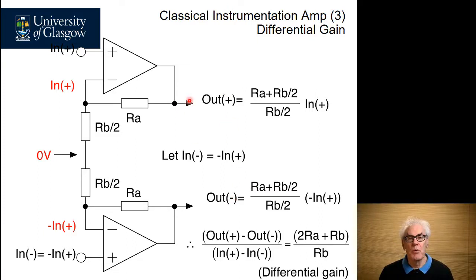If we calculate out what the difference voltage is appearing between output plus and output minus, and divide it by the difference input voltage at input plus and input minus, we land up with a differential gain equation for our input buffer set of 2RA plus RB divided by RB. And this is our differential gain.